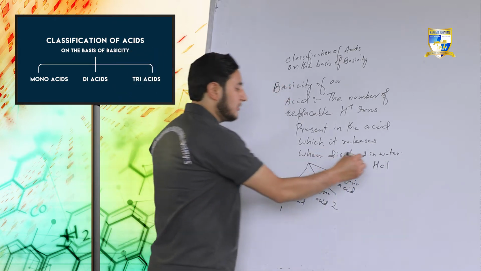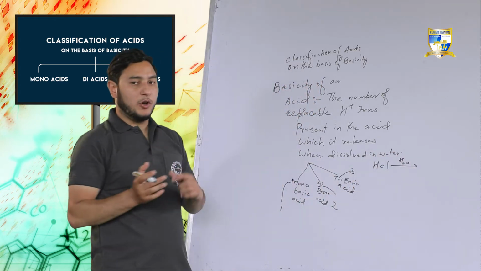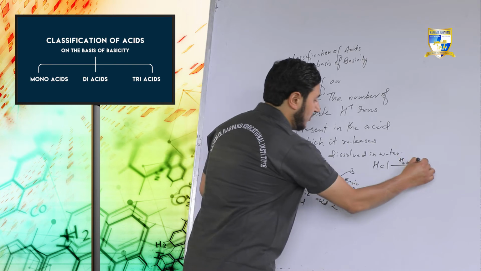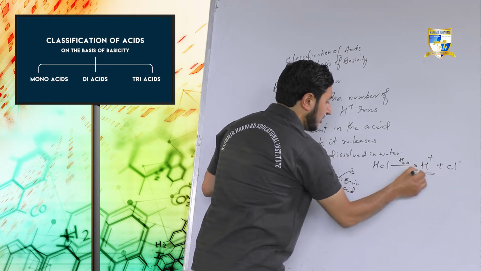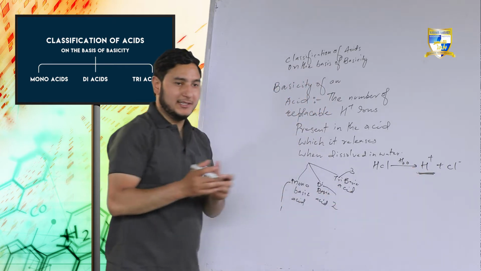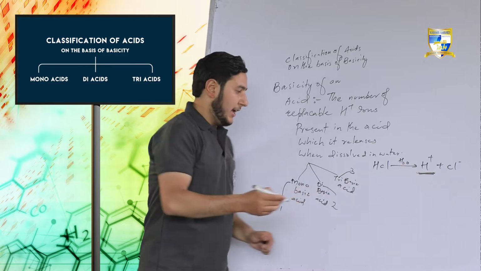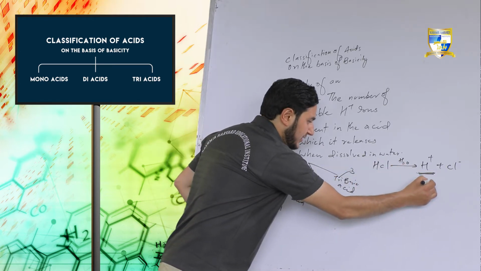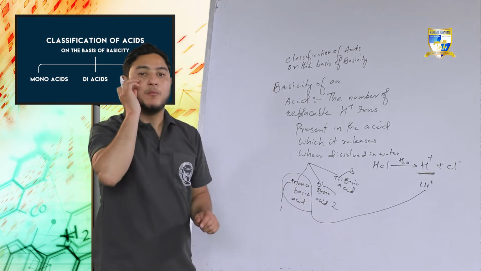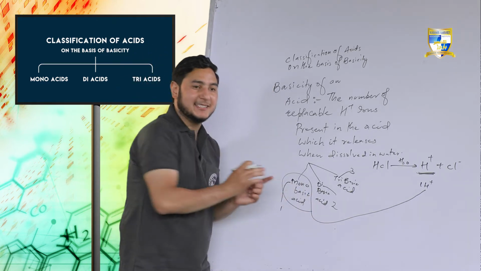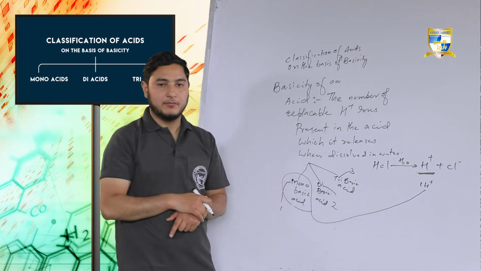When HCl is dissolved in water, it releases H positive and Cl negative. That is, one H positive ion is released. If one H positive is released by an acid, the acid will be called a monobasic acid.